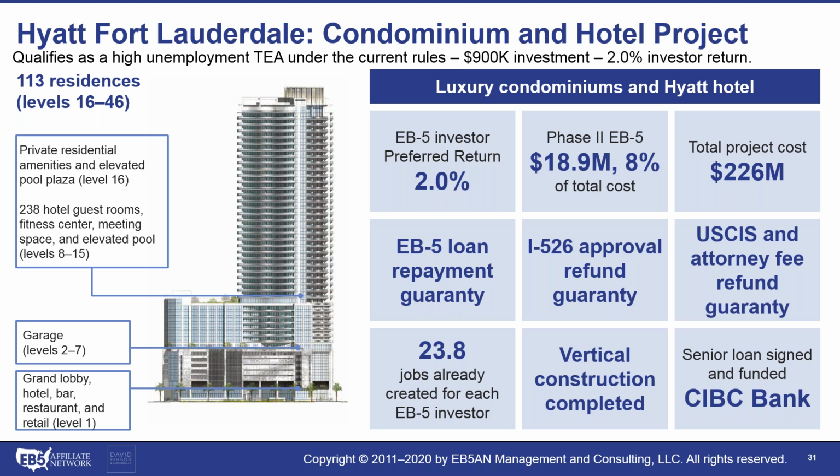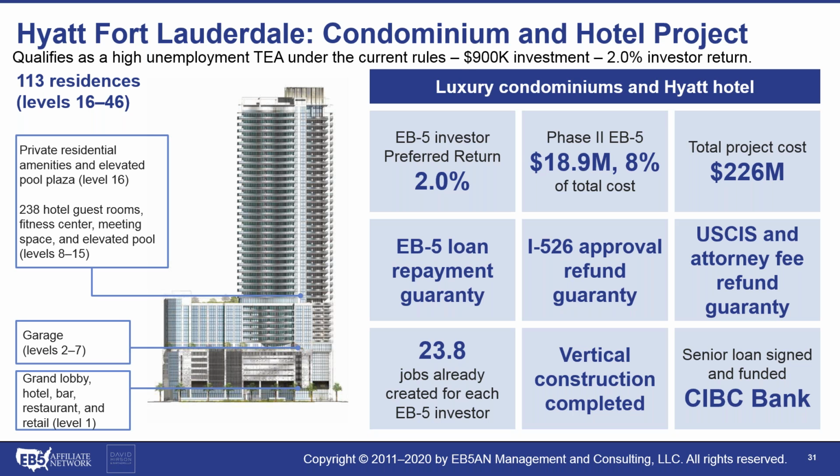One other point to mention about this project is most EB-5 projects that are structured as loans are typically done with the collateral of the loan being the individual project. This project is a little bit different in that the loan itself is secured by a parent guarantee, an EB-5 loan repayment guarantee from the developer's parent holding company.